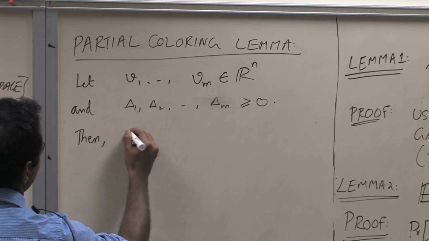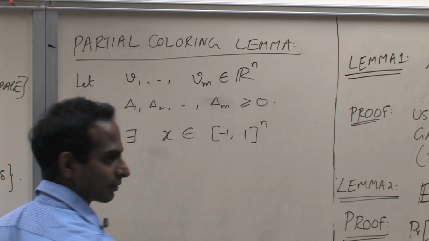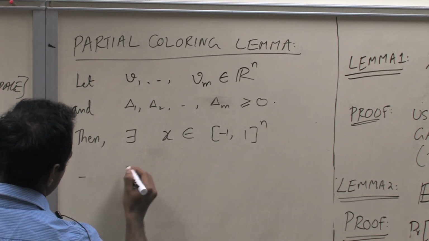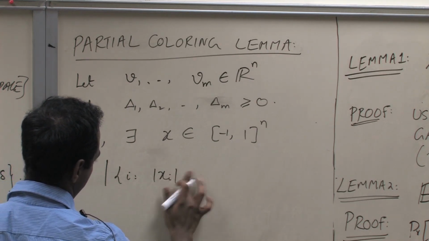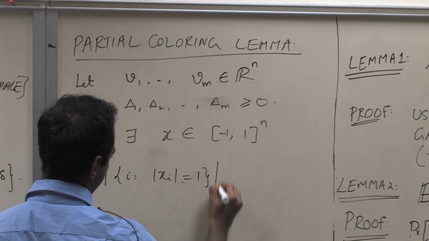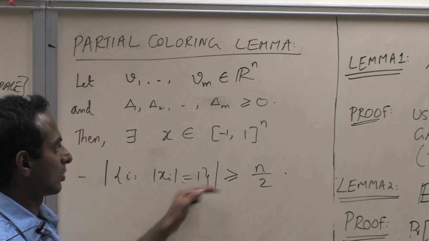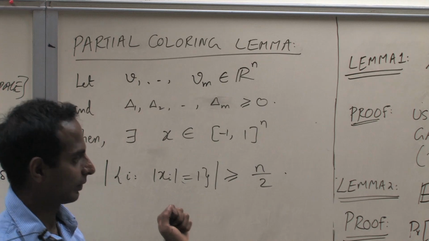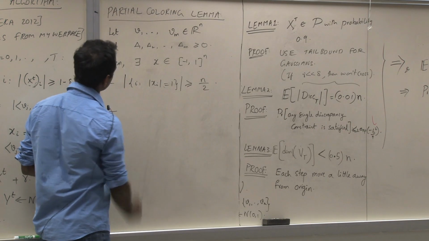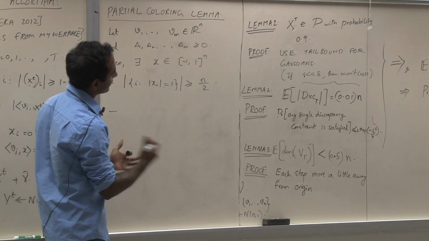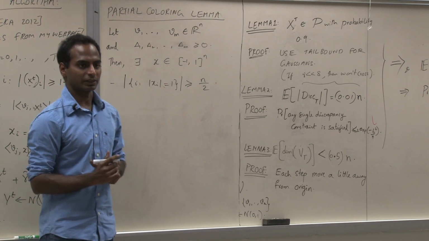Then there exists x in {-1,1}^n such that at least half the coordinates are 1 or minus 1. Just as before, we are getting a partial coloring. Originally we said that each discrepancy constraint is violated by at most this parameter delta, which was root n for us.